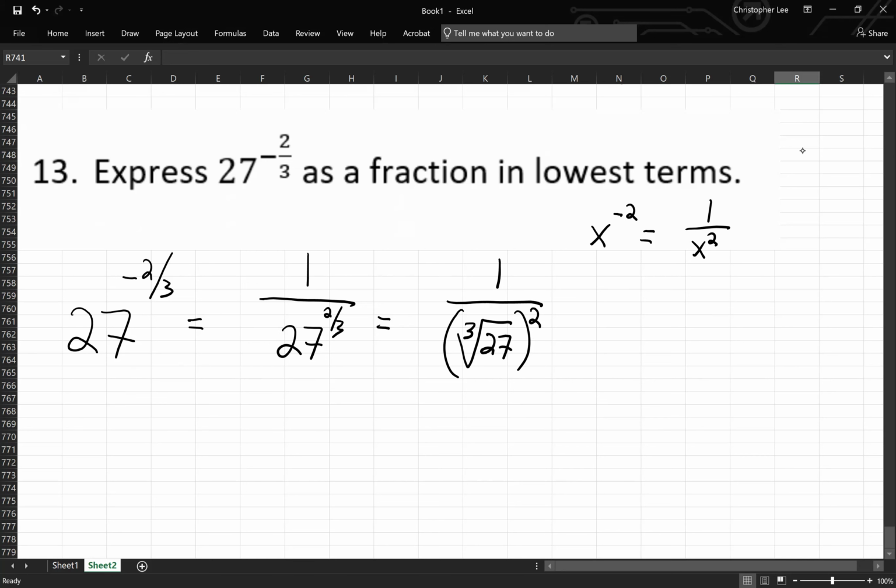Now, what is the cube root of 27? 3, right? Very good. So this becomes 1 over 3 squared. And what's 3 squared? 9. So final answer, 1 over 9. And that's it. All right. Any questions on this? Anybody?